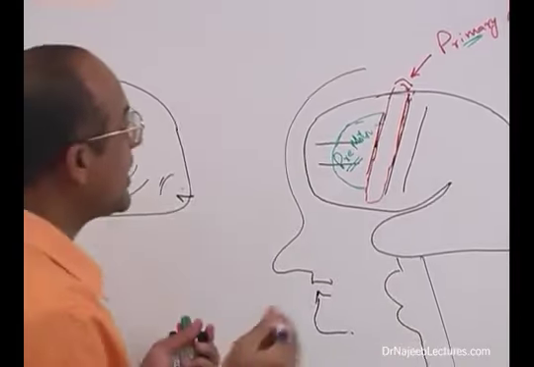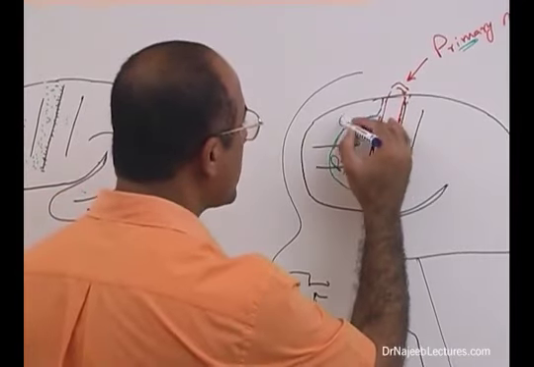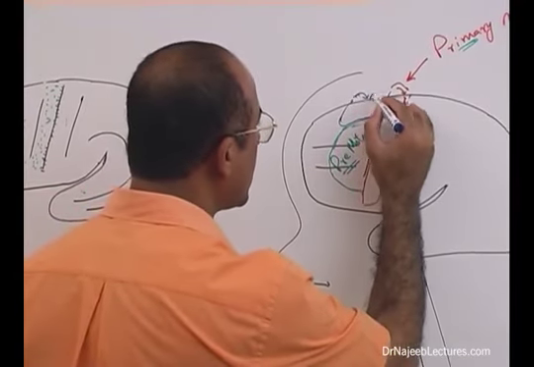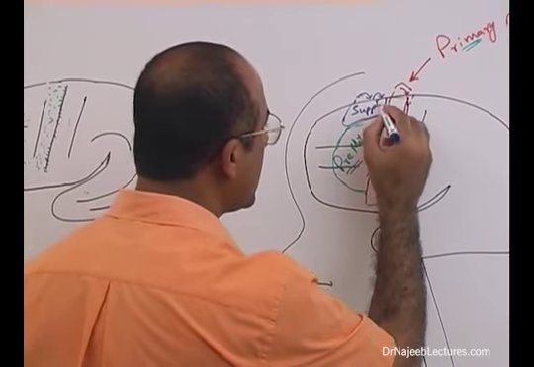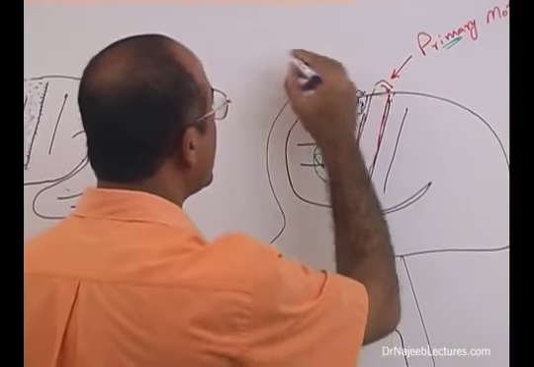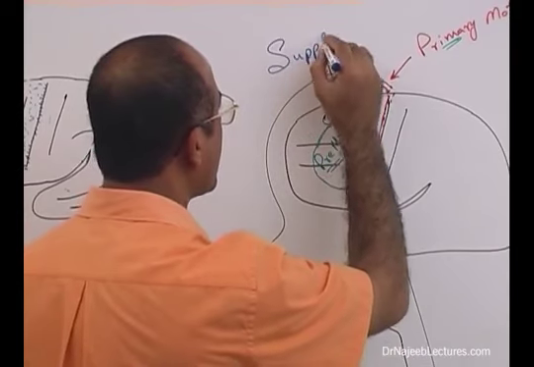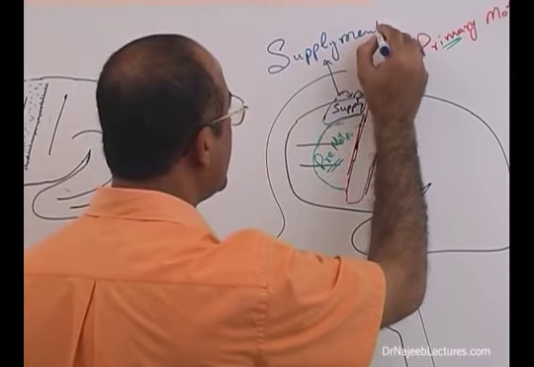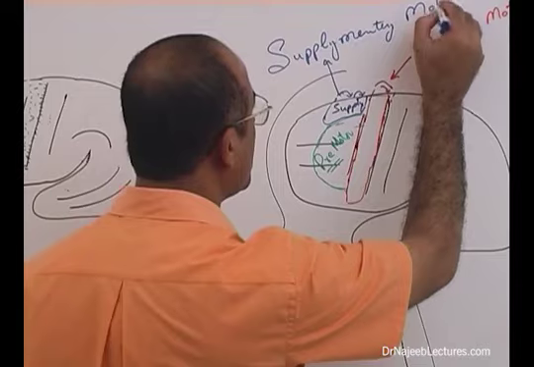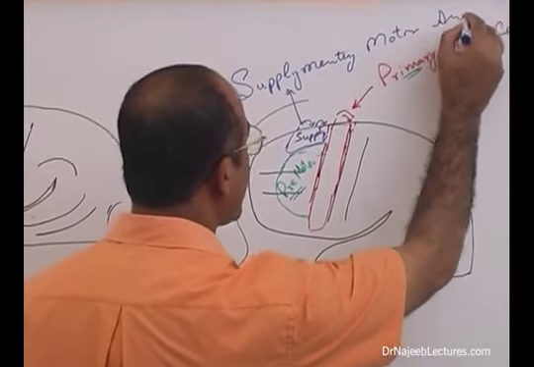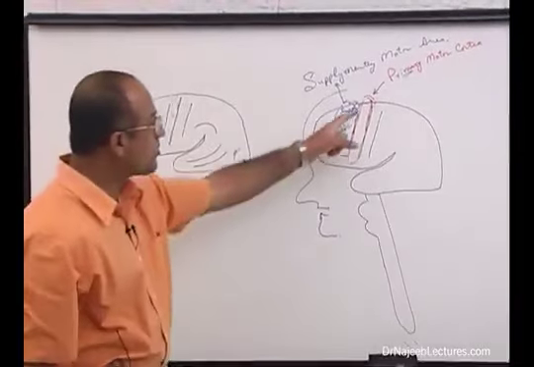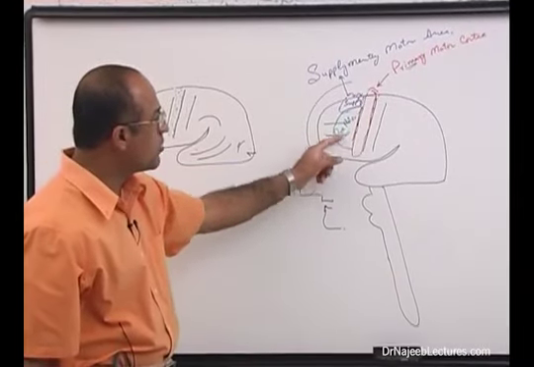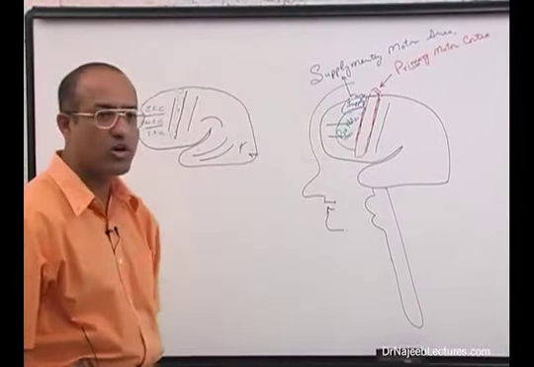And then they discovered another area here, and this is also going to the medial side of that. They called it supplementary motor area. Now you have three motor areas: primary motor cortex, premotor cortex, and supplementary motor cortex.